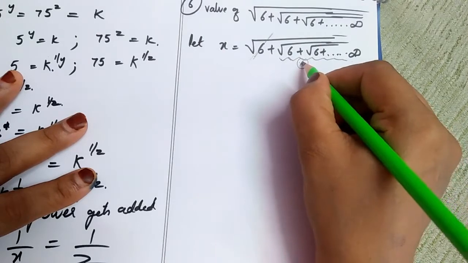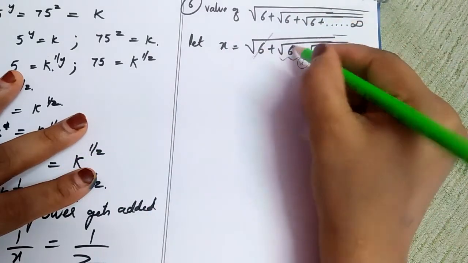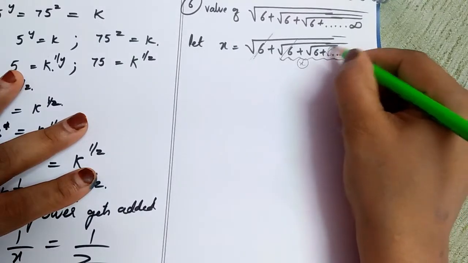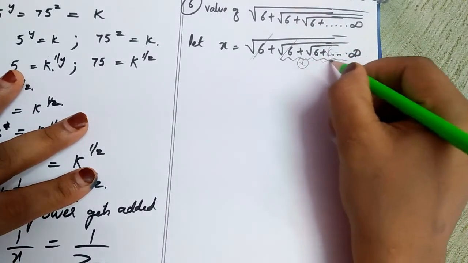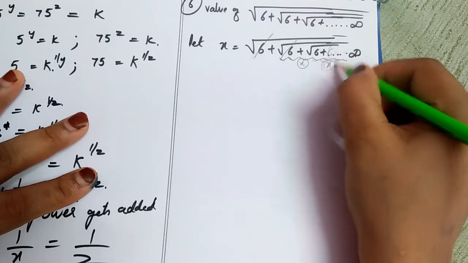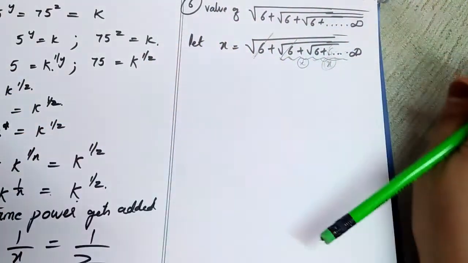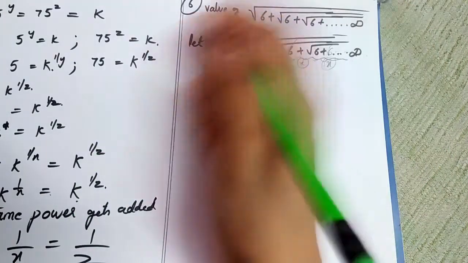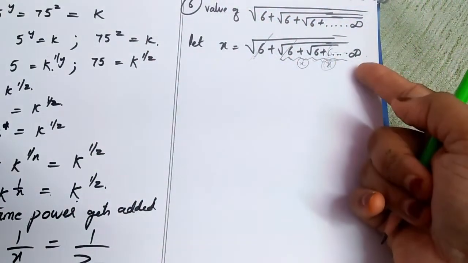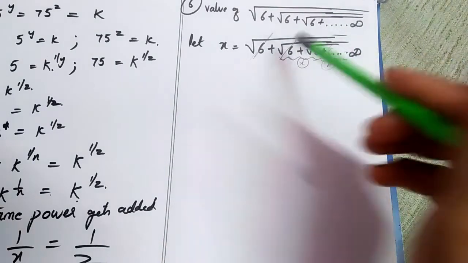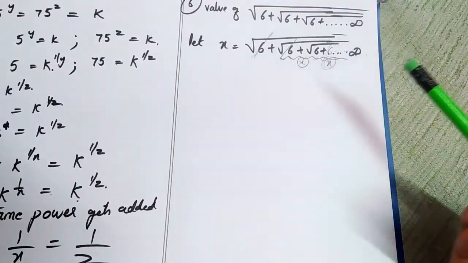Even if we remove this 6 and again take 6 plus root of 6 and so on, this value will be x, since it's infinity and goes on and on. Whatever value you take, even though you remove the initial terms, the number will be the same, always a repeated thing.